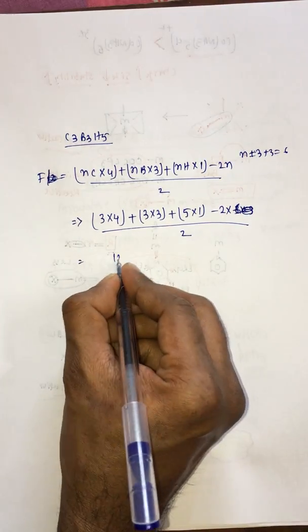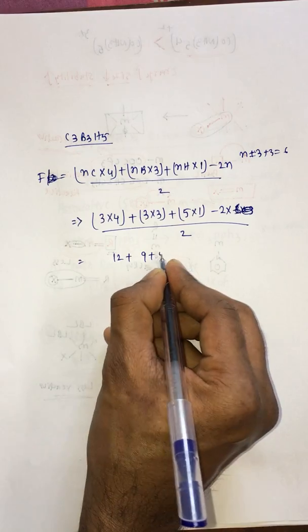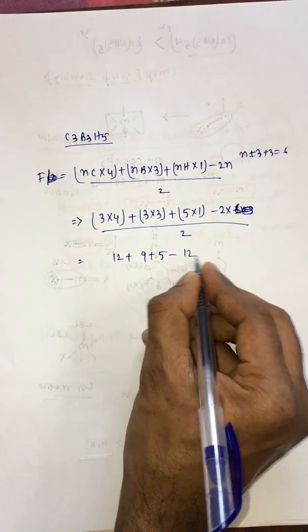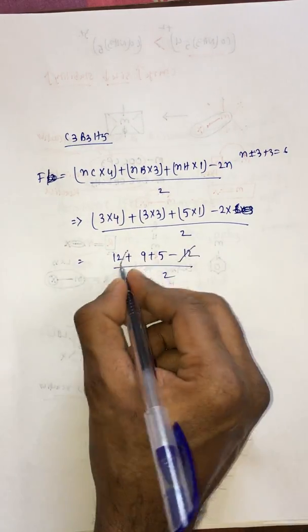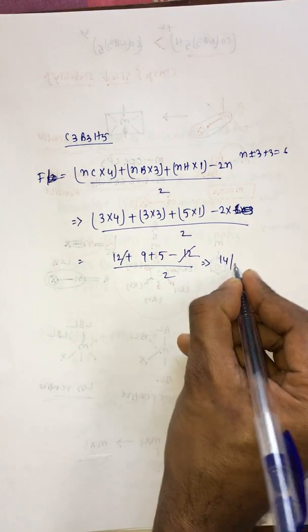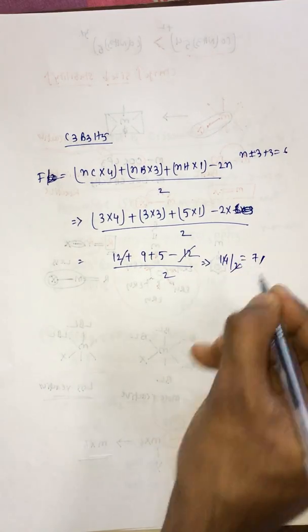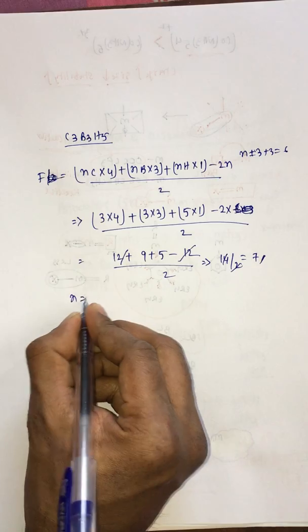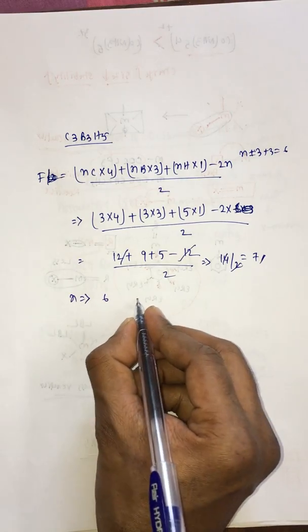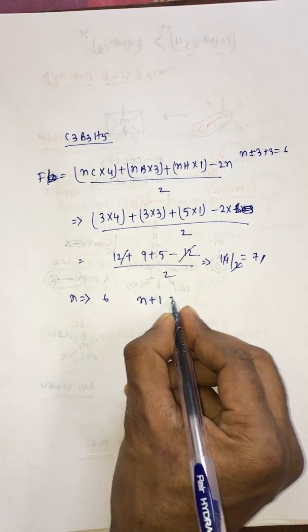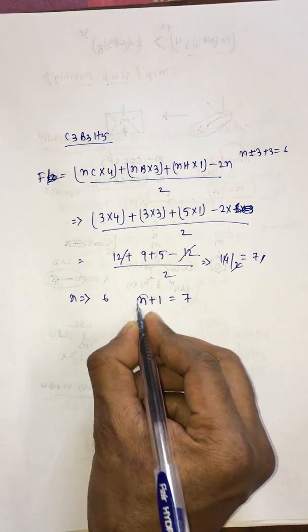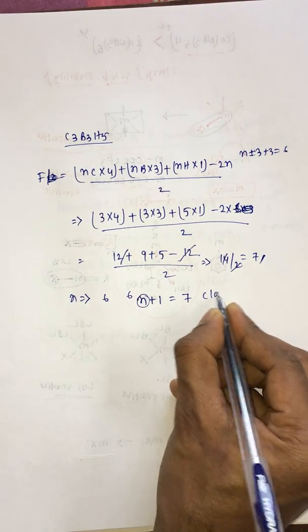So this will be 12 plus 9 plus 5 minus 12 by 2. This gets cancelled. 14 by 2 equals to 7. So here n value equals to 6. So this comes out to be n plus 1 equals to 7 because n equals to 6. This comes out to be closo.